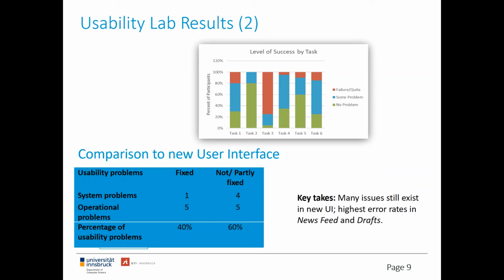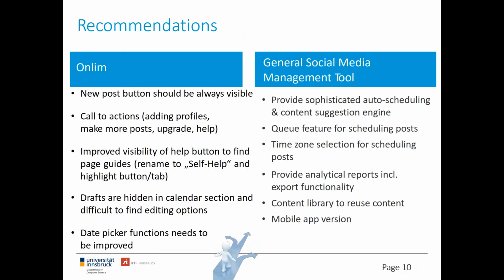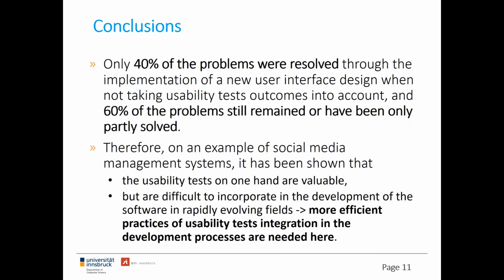So basically, from this feedback, we see that only 40% of problems would be fixed, which brings us to the conclusion that even though such experiments are difficult and not necessarily cheap to run, like was done here with 27 participants, and setting it up and analysis takes quite an effort, on the other hand it's also very essential to get such feedback on time so that the changes are implemented, because otherwise only 40% maybe of problems get resolved in the new version without such feedback.